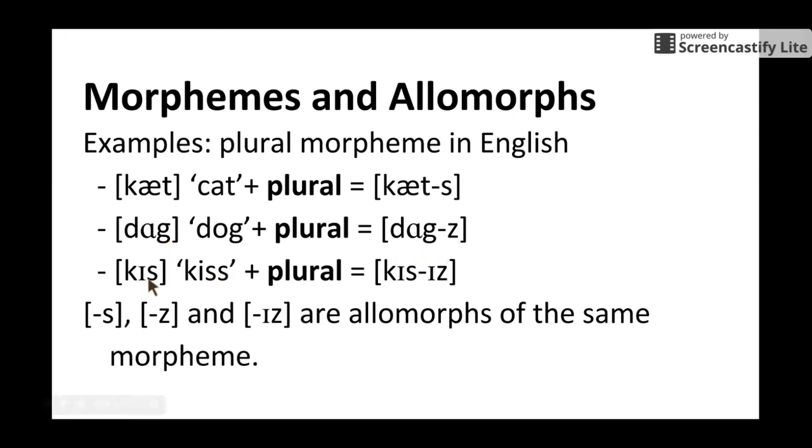And if we have a sound like s, then we get kisses, iz, right? So actually, s, z, and iz are allomorphs of the same morpheme, which is the plural morpheme.